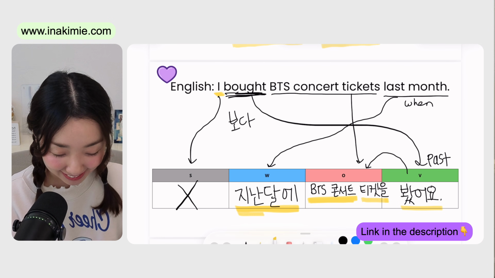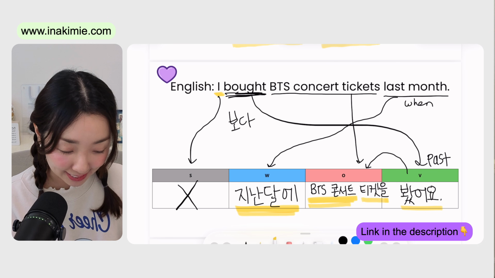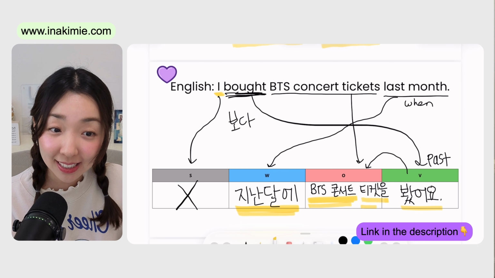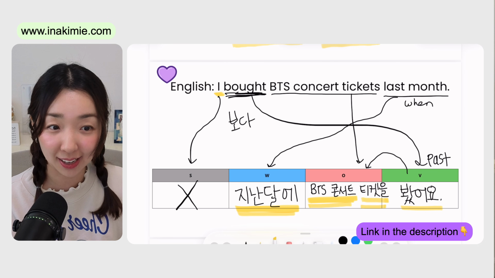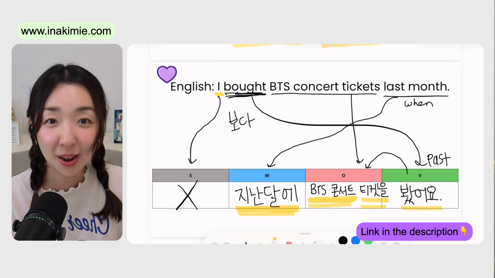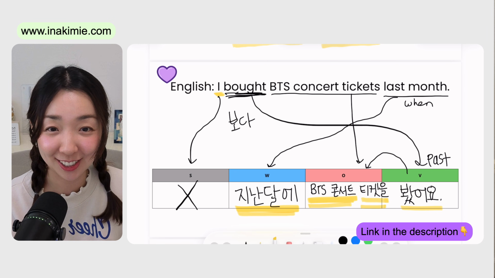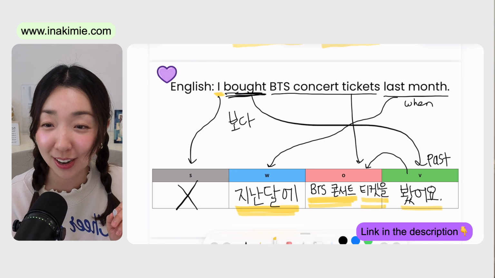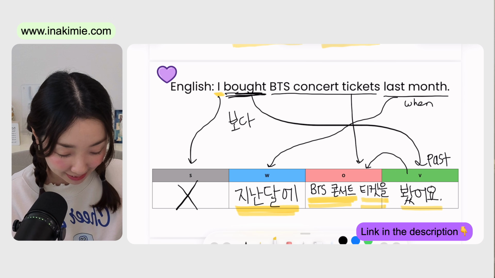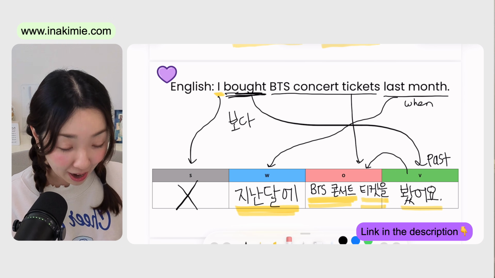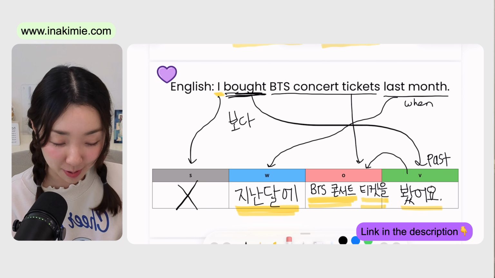Yeah. 지난달에 BTS 콘서트 티켓을... wait. Oh my goodness. You know what I was just doing? It's so crazy. Okay, caught my mistake. I don't know why I said to buy is 보다.